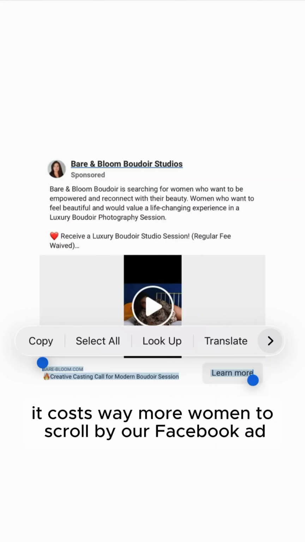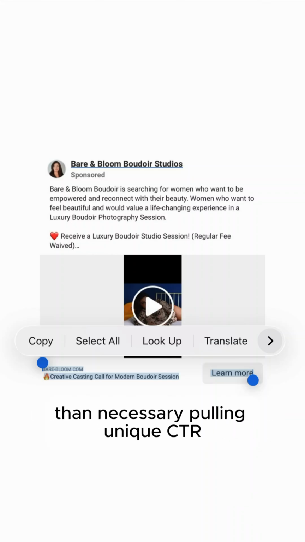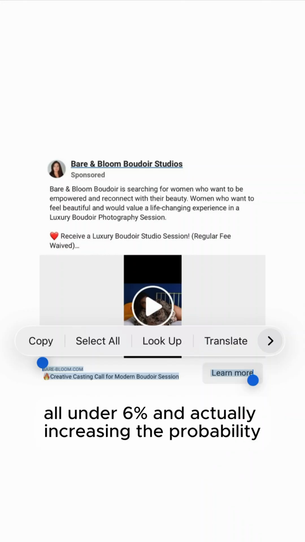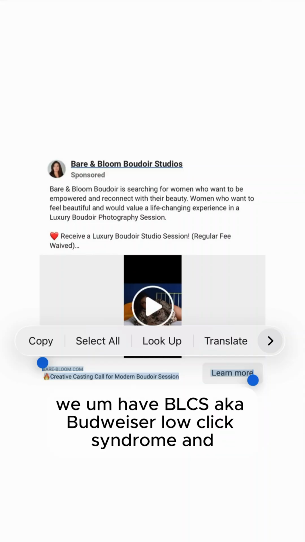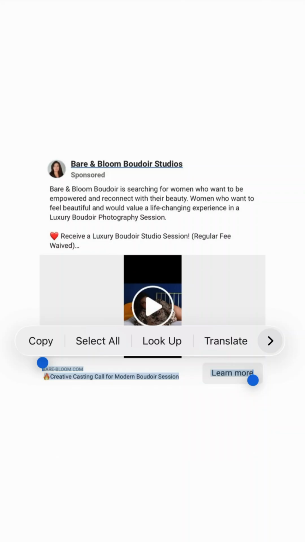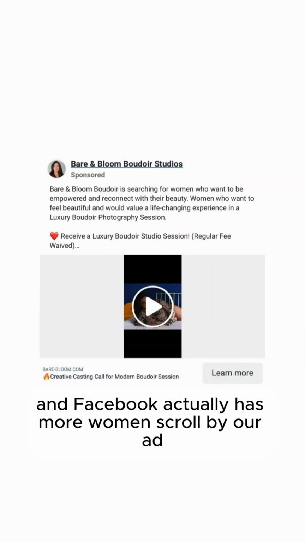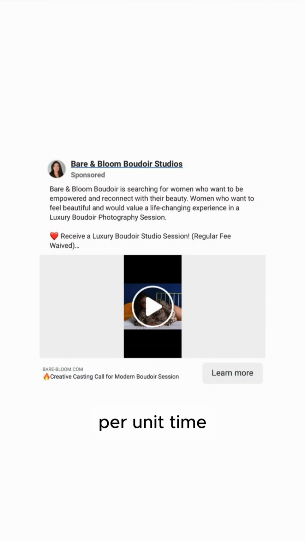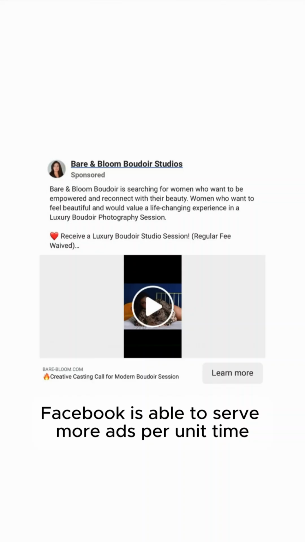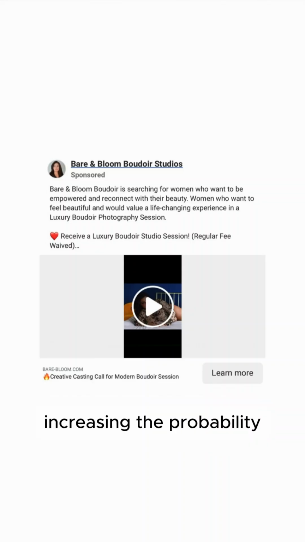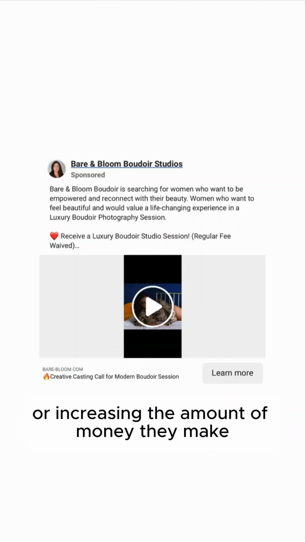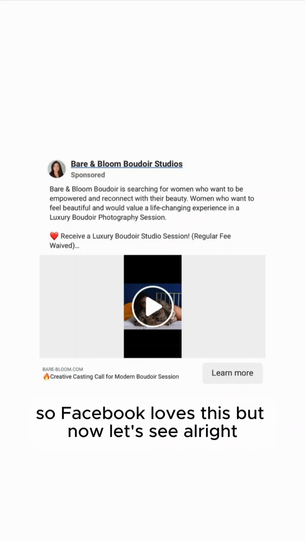When we do this, it causes way more women to scroll by our Facebook ad than necessary, pulling unique CTR under 6% and increasing the probability we have BLCS, aka Boudoir low click syndrome. And Facebook has more women scroll by our ad per unit time. Facebook is able to serve more ads per unit time, increasing the amount of money they make per unit time. So Facebook loves this.